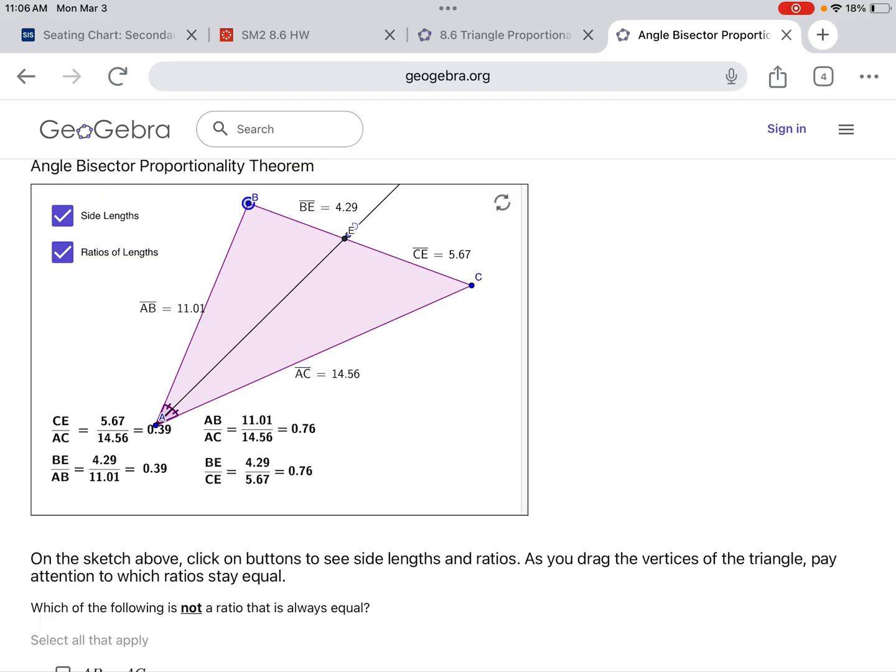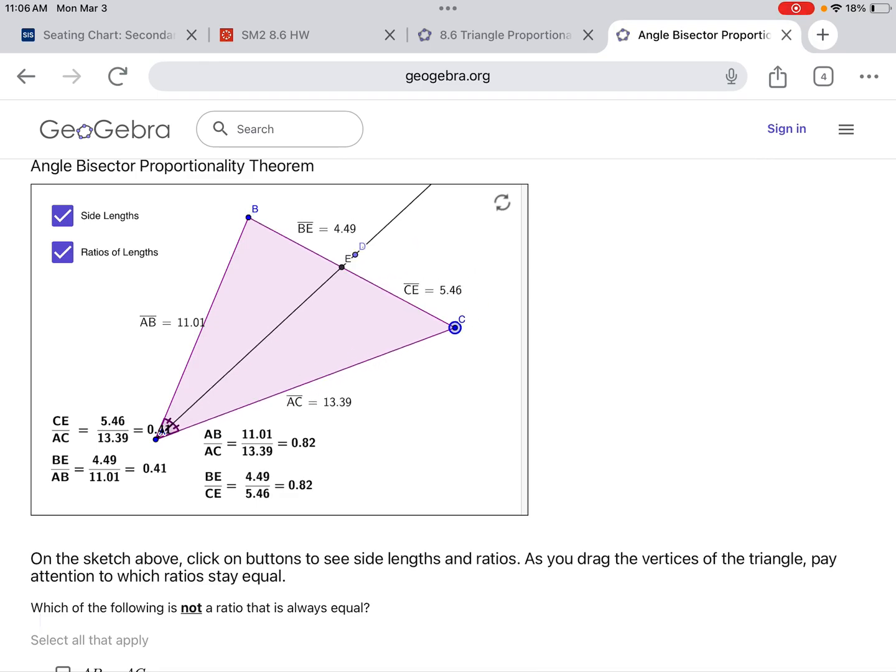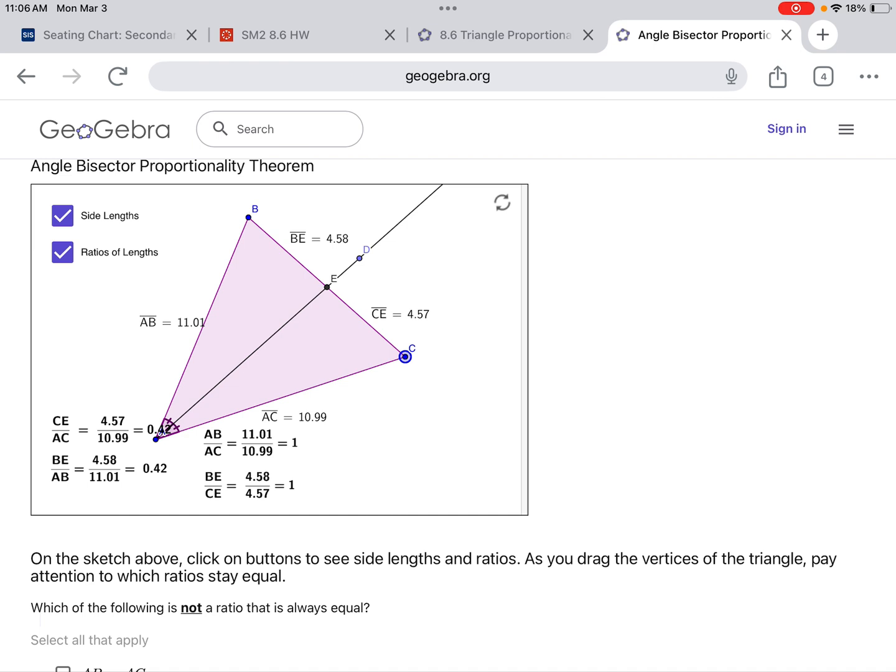Okay, so AC and CE, which are the ones on the side, those ones go together, and then the ones on the left side, AB and BE, those are proportionate. But you can also say that BE and CE are proportionate, just like AB and AC are proportionate.